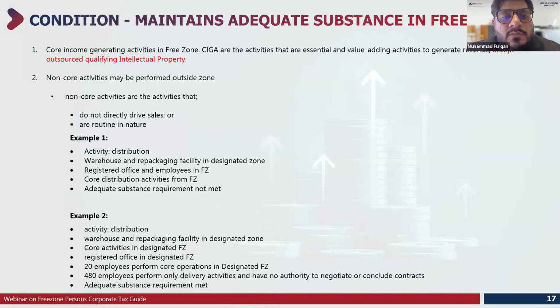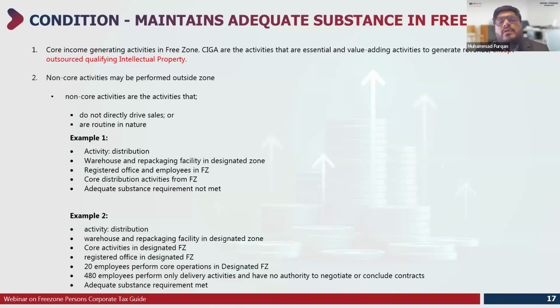I will be discussing the two important conditions, which are adequate substance in free zone, and the other is the de minimis requirement. So the main condition to attain adequate substance in free zone is to have core income generating activities in free zone.